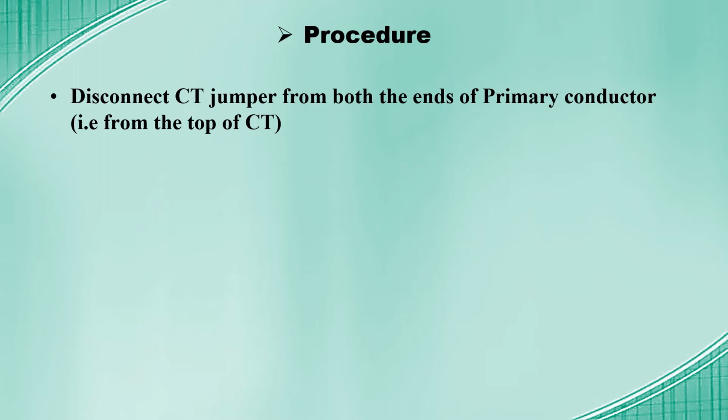The second point is that when conductors or jumpers are connected to the CT, then unnecessary resistance, inductance and capacitance of the connected conductor come into the picture. It will have only a very minor effect on your result, but it is recommended to disconnect the jumper from both ends of the CT.